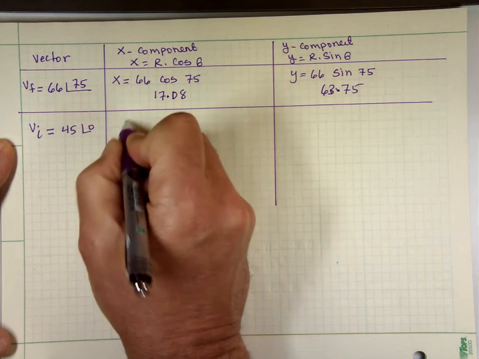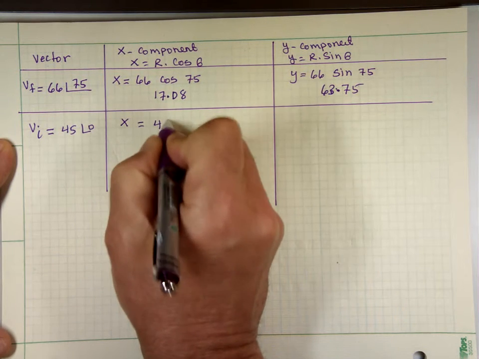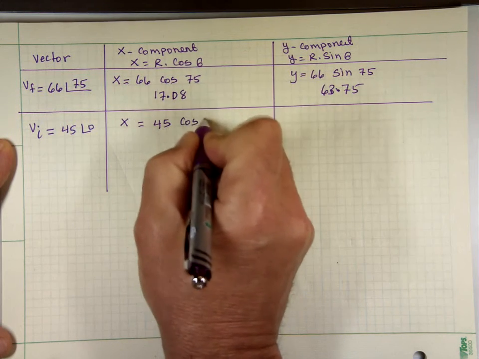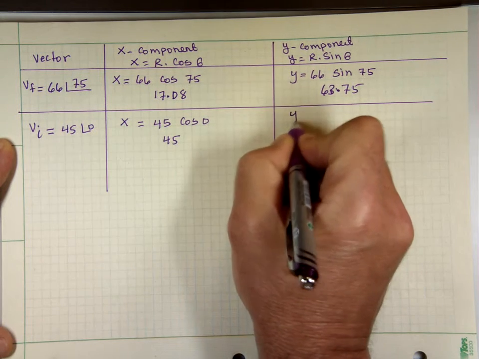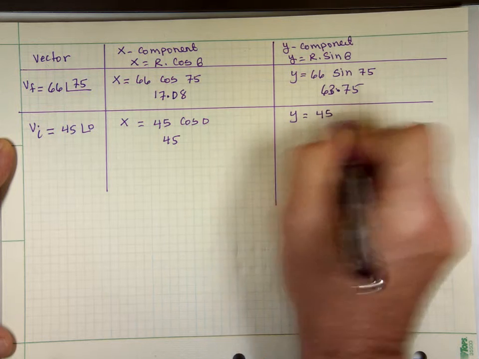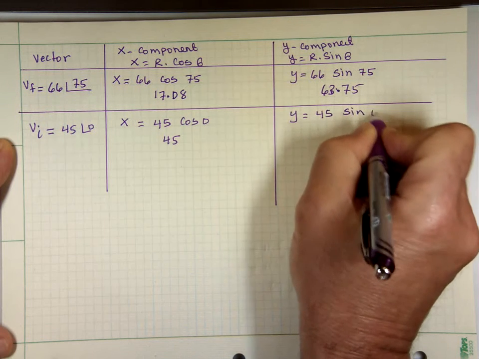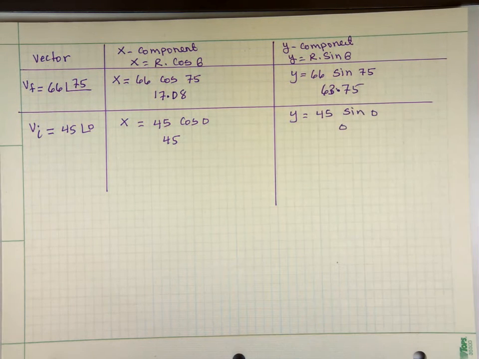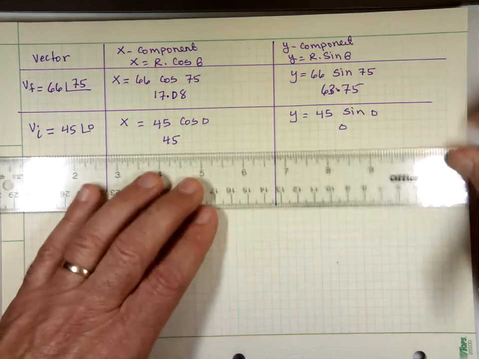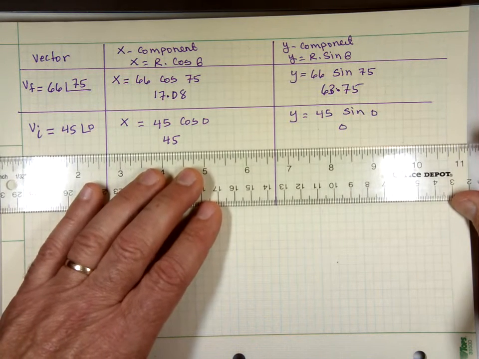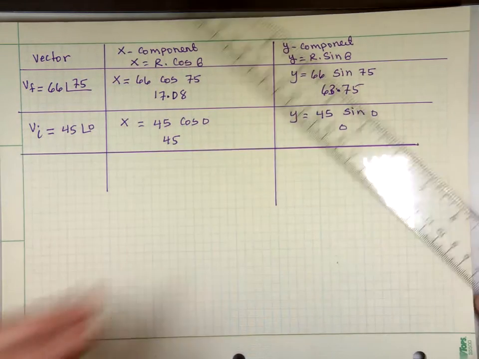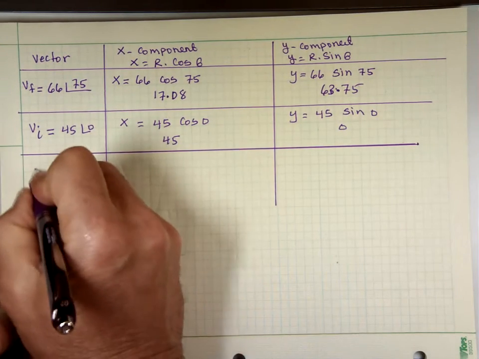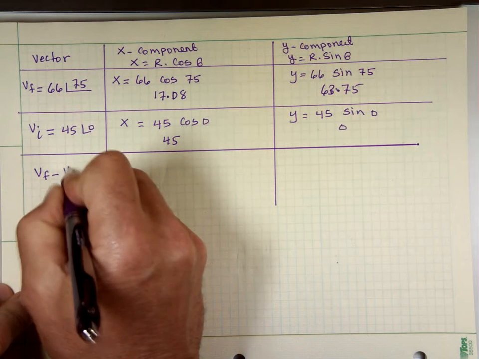The X value is going to be 45 cosine the 0, which is 45. And the Y value is going to be 45 sine the 0, which is 0. And the question for us is not to add them, the question is to subtract them. So what is V final minus V initial?